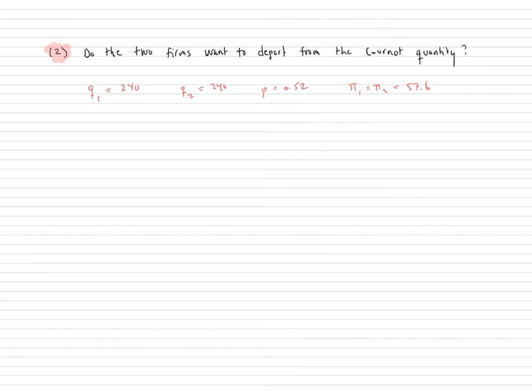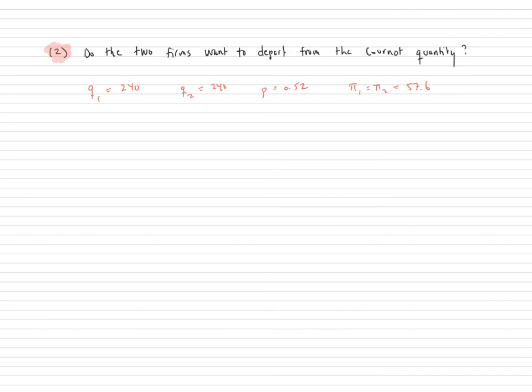Of course, if we just think about it, the whole point of the Cournot equilibrium is to find an equilibrium such that no firm wants to change its behavior given what the other firm is doing. Right? That's the definition of a Nash equilibrium, and the Cournot equilibrium is a form of a Nash equilibrium.